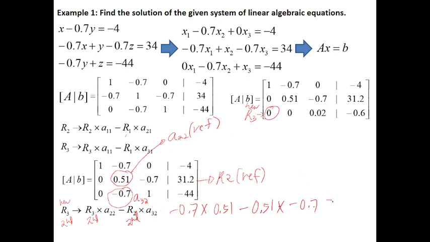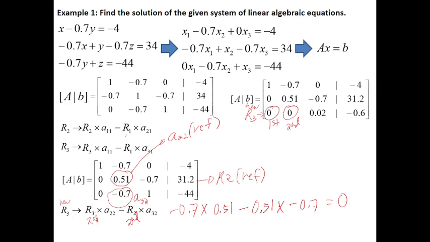Anong sagot? 0. Nakuha yung 0. R3 new second element.